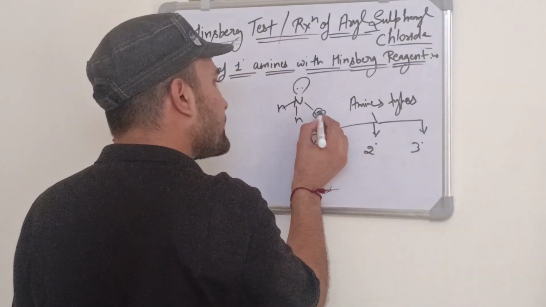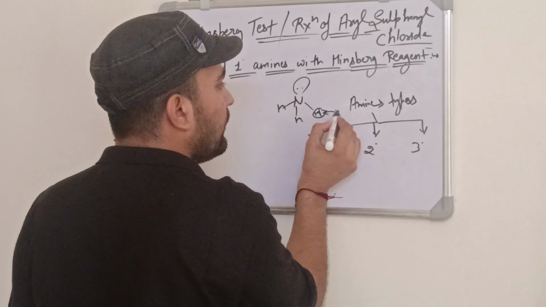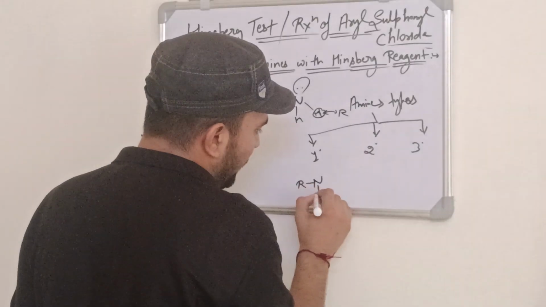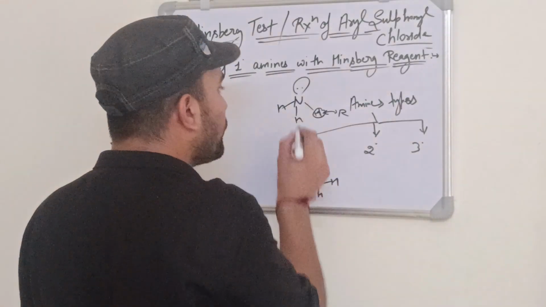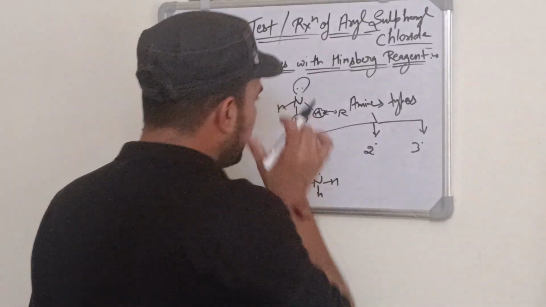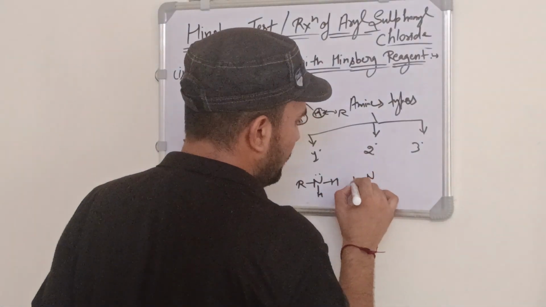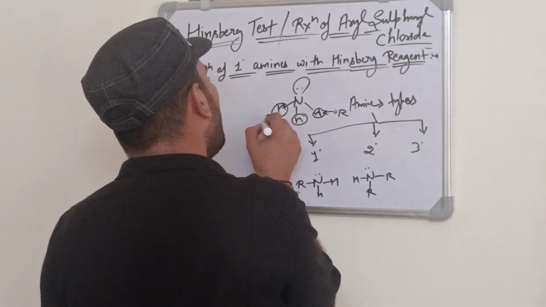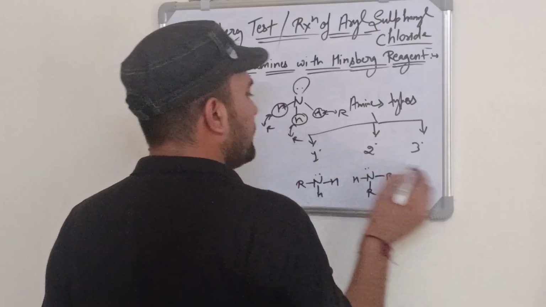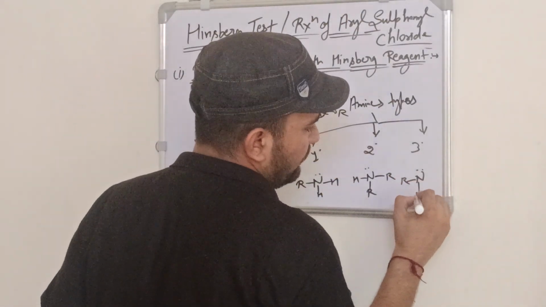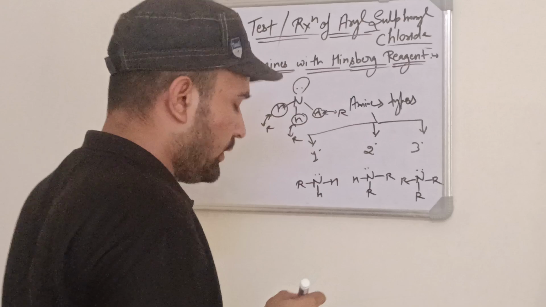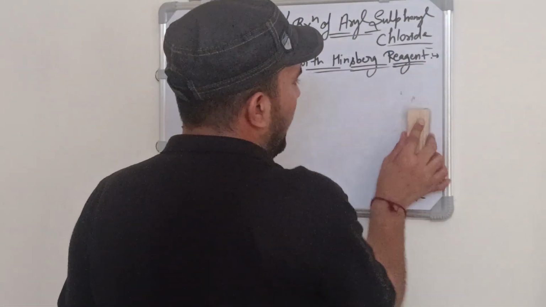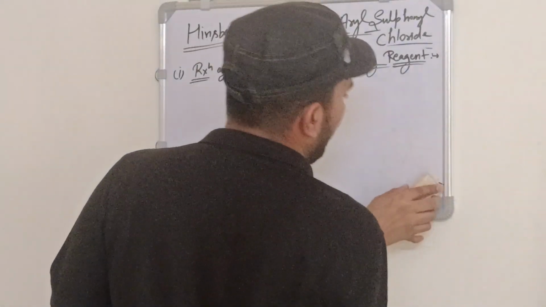If one hydrogen is replaced by one alkyl group, we get a primary amine. If two hydrogens are replaced by two alkyl groups, we get a secondary amine. If all three hydrogens are replaced by alkyl groups, we get a tertiary amine. These are the classification of amines. Alkyl group means any ethyl, methyl, propyl, any type of group.